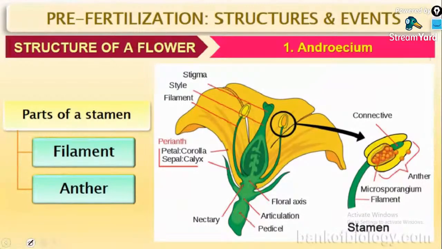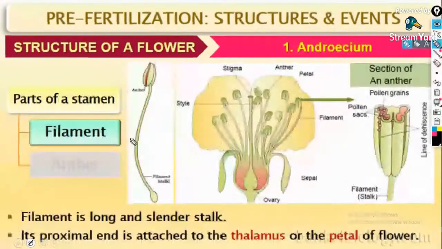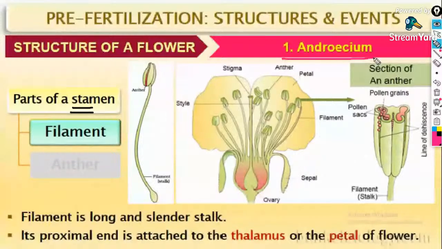Next we are going to discuss the stamen. What do you mean by stamen? The stamen is the individual unit of the Androecium. It consists of two main parts, the filament and the anther. We are going to discuss the first part, the filament.